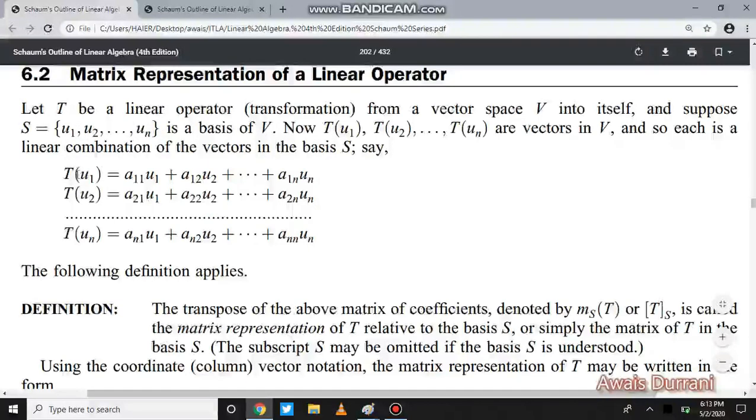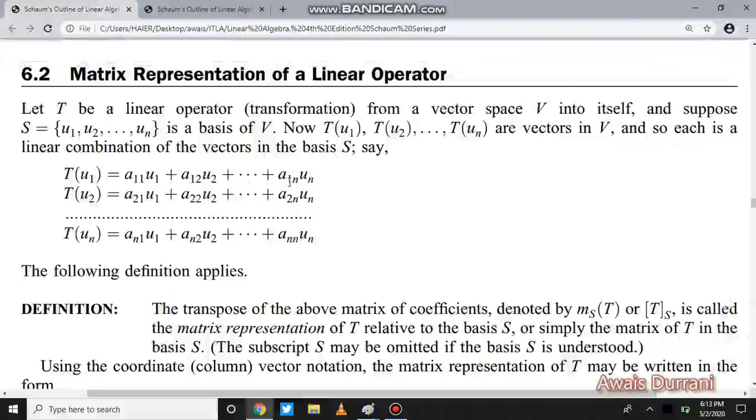So I will write T(U1) is equal to, for example, A11 U1 plus A12 U2 plus A13 U3 up to A1N UN, where A11, A12 up to A1N are scalar values belonging to the field which is associated with the vector space V. So this T(U1) was an element of V, and I wrote this element as a linear combination of the elements of this set.